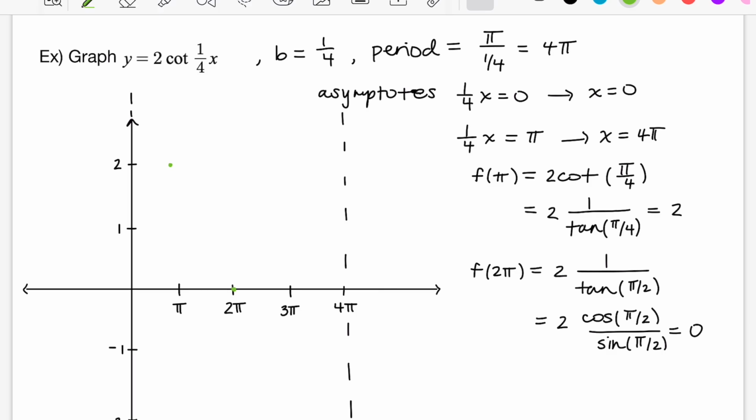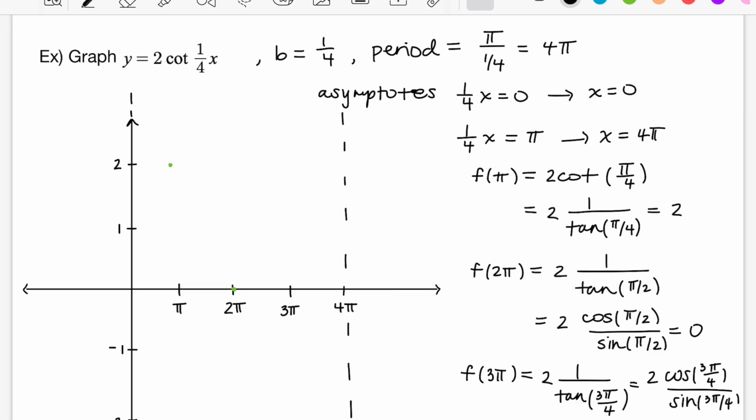And then lastly, we'll evaluate our function at 3 pi. Doing so, we'll get 2 times 1 over tangent of 3 pi over 4. This will be equal to 2 times cosine of 3 pi over 4 over sine of 3 pi over 4.